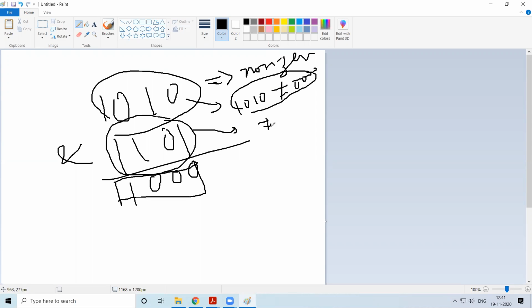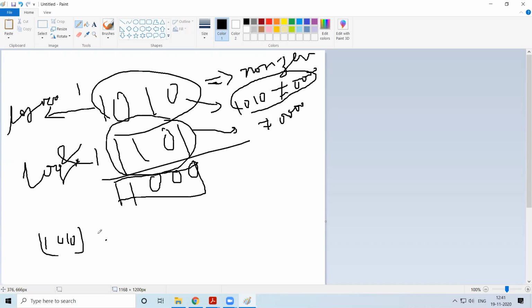Similarly, this is also not equal to 0. So these two are non-zero values. Logically speaking, this is logic 1 and this one is also logic 1.